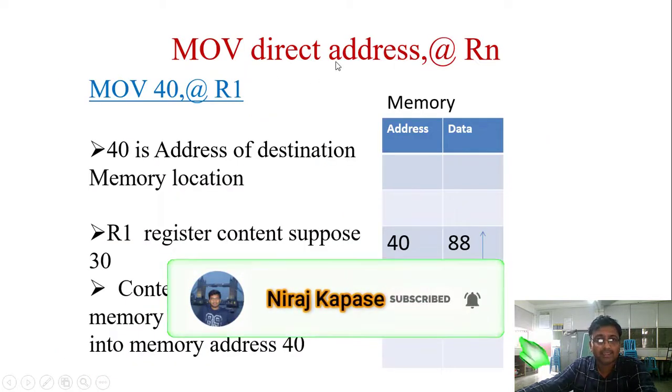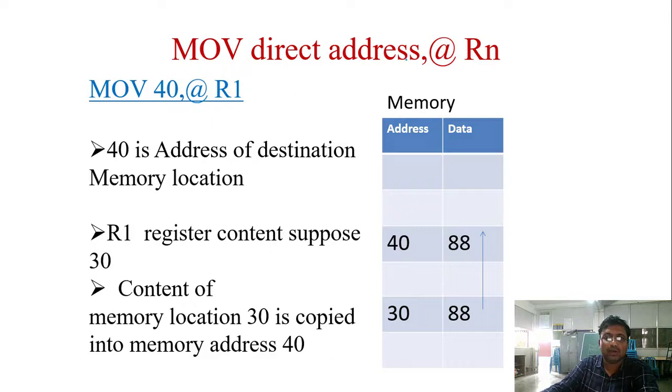So here is another example: MOV direct address, @Rn. So we can specify a direct address as well, and @R1. Suppose R1 contains 30. So it goes to memory location 30, and whatever data is present at 30 will be copied towards 40.